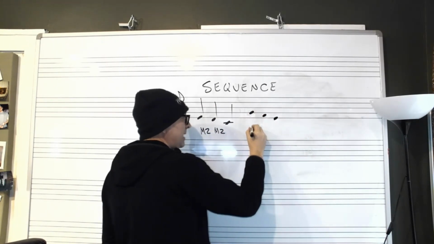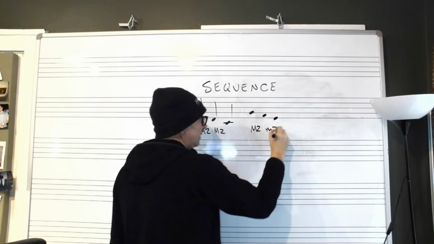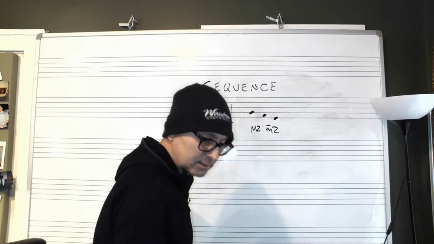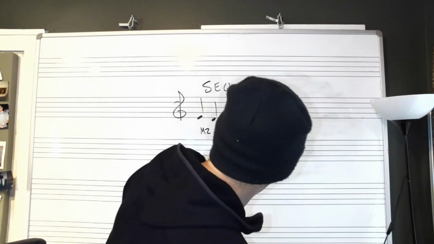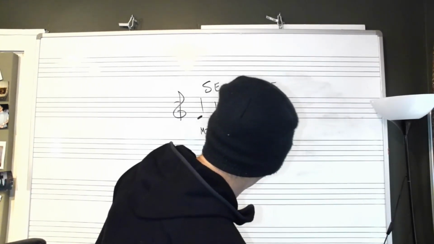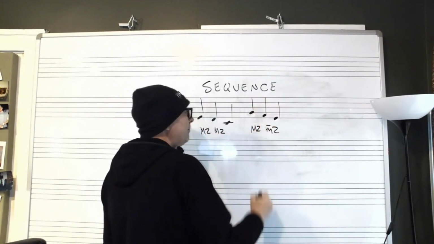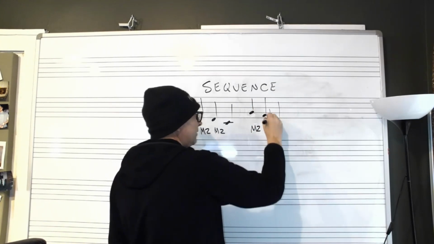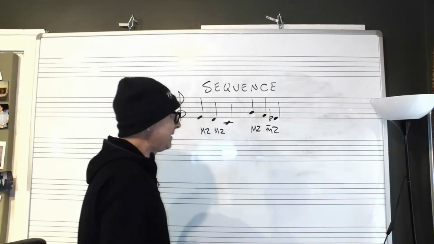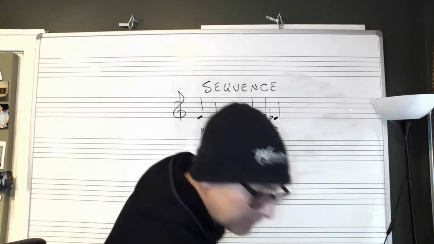Okay, so now we have major second, minor second. Let's listen to this. It actually follows the C major triad. But if I make it into a real sequence, I have to flat that in order to make it a major second.